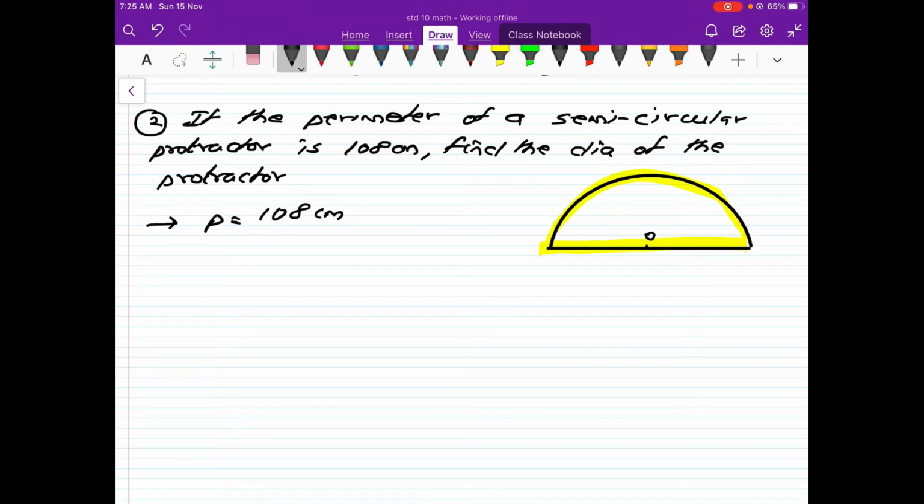Now let r be the radius of the protractor.